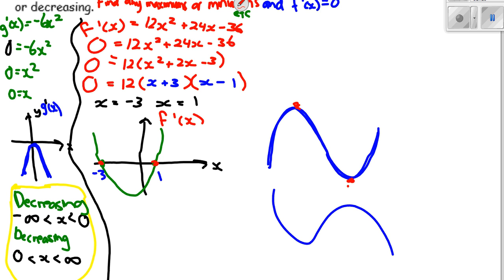So that's the function, and this just represents the derivative, the gradient. This is just telling us whether it's positive or negative. So up until negative 3, it's in the positive y's, and then it goes down to the negative y's, and then it goes back into the positive y's. It's weird, though, isn't it?